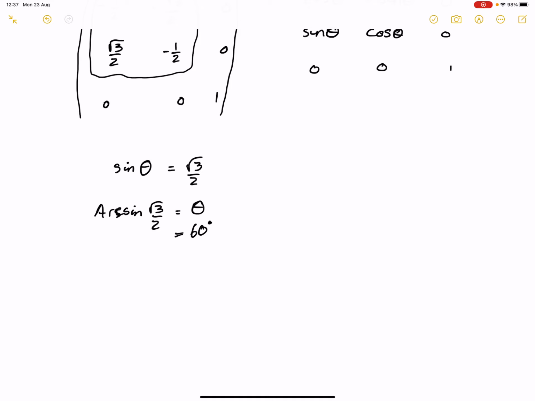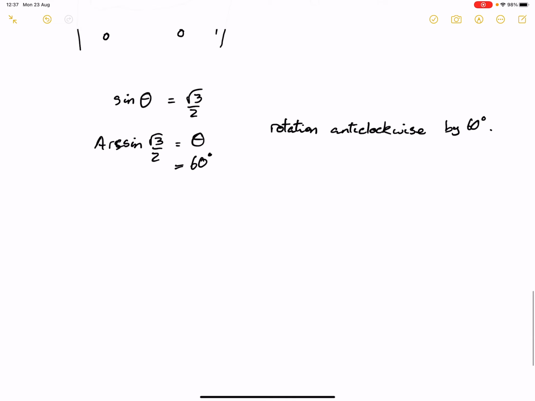So we'll say rotation anti-clockwise by 60 degrees. Okay, question 6. That was a nice question.